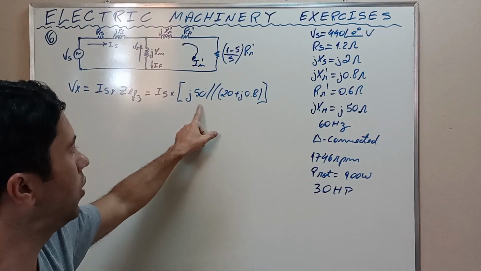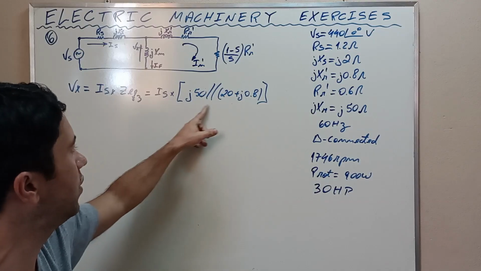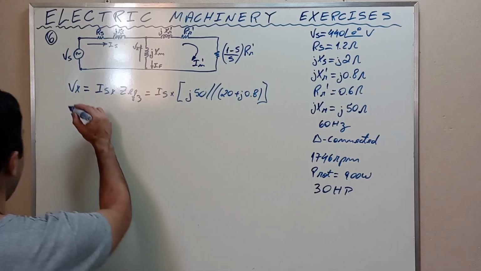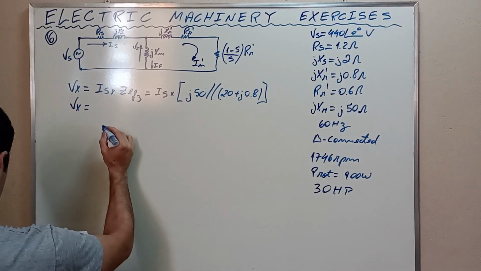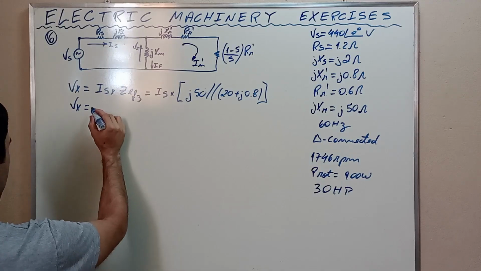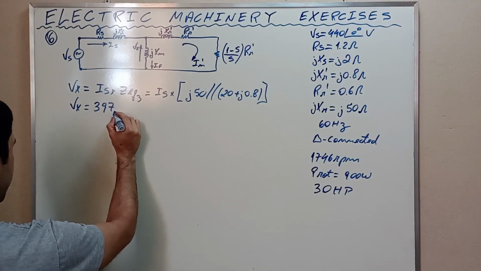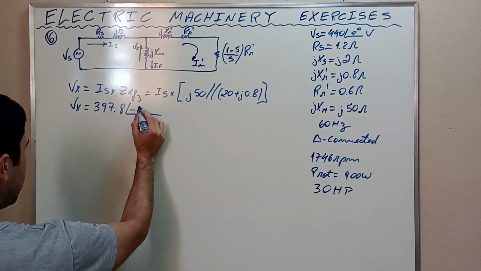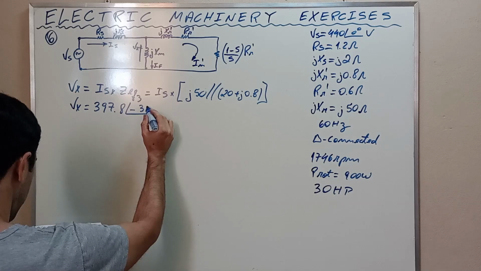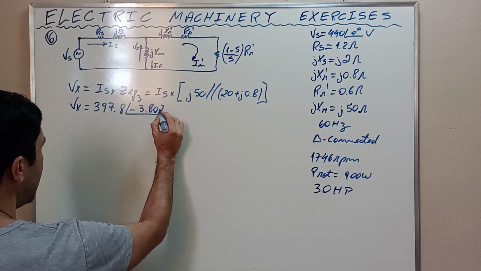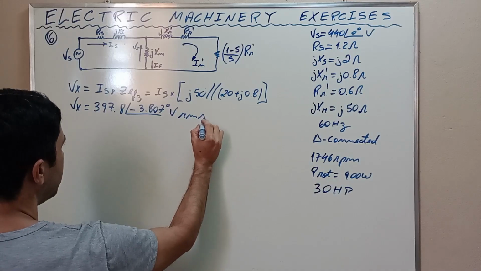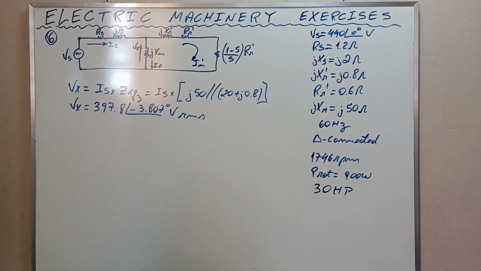You simply calculate the parallel connection between these, and then we find the value of Vx equal to 397.8 in the phase negative 3.807 degrees volts RMS. We are working with RMS values.